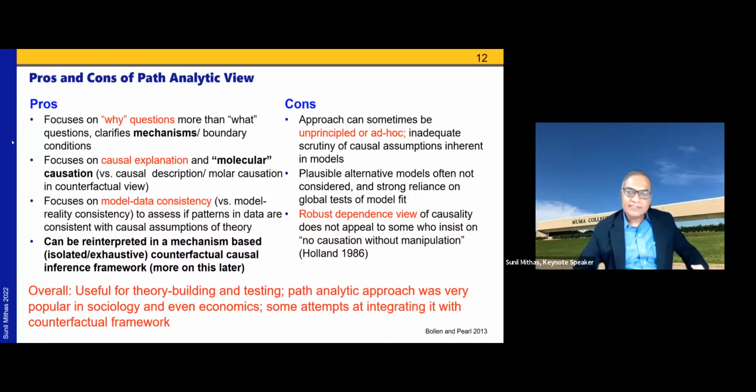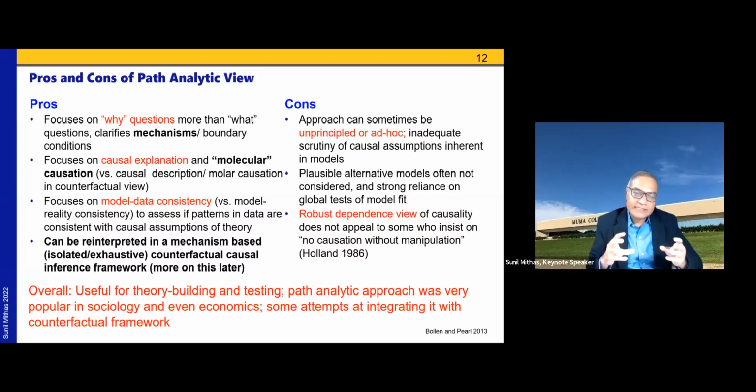Having said that, there are some pros and cons of each of these approaches, which I also want to highlight. So I already talked about these things, that this approach talks about the why questions. It clarifies mechanisms. And in fact, if you read the book by Shadish, Cook, and Campbell, it's an excellent book from 2002, which talks about quasi-experimental approaches. And they make a distinction between two kinds of explanations. So they talk about causal explanation or molecular causation versus causal description or molar causation.